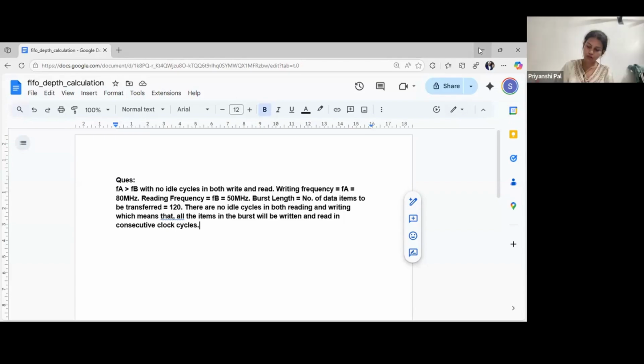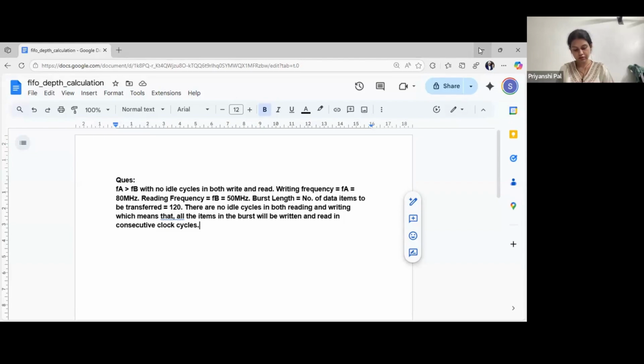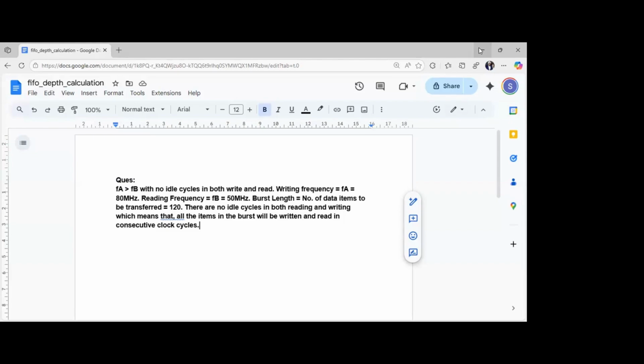I got 75. Yes. The remaining number of bytes we have to calculate, so we can subtract 120 minus 75. 45. Yes, fine. This is the correct answer.